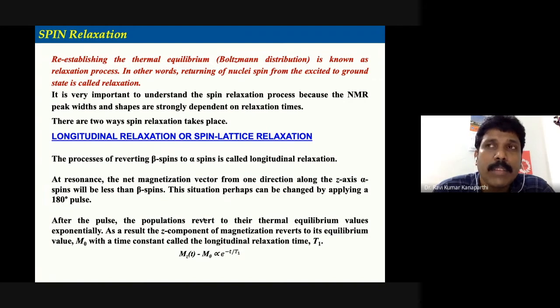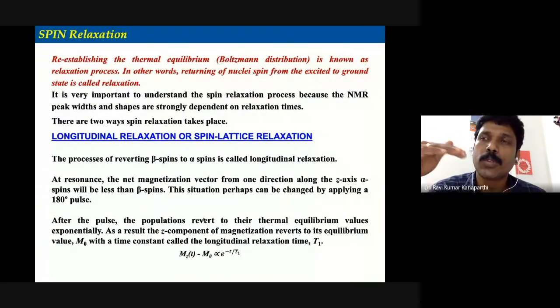When you apply an RF pulse which exactly matches the external magnetic field strength, the spin basically tips over to a certain angle, rotates through a 90 degree angle, and then it will go back later on. Okay, so this situation is very interesting.